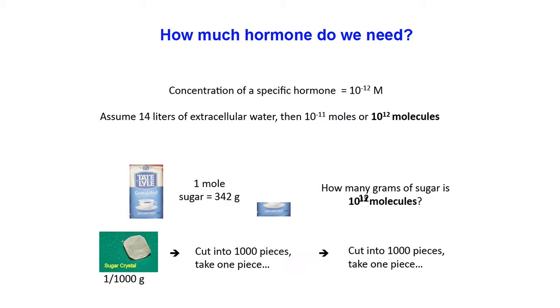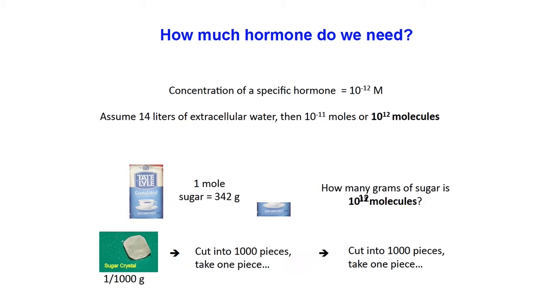Anyway, this is a video about a topic that is not usually included in an endocrine system presentation, but it is an important topic to learn about. I begin with this: how much hormone do you need?